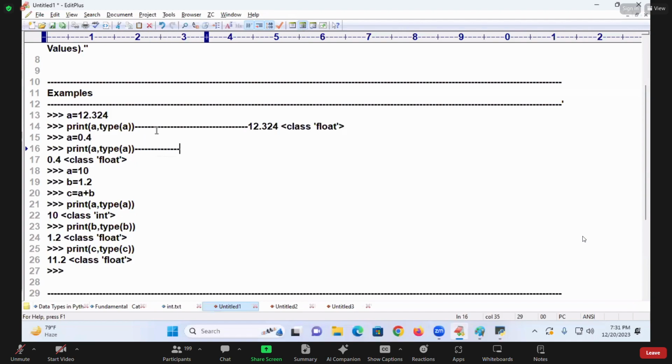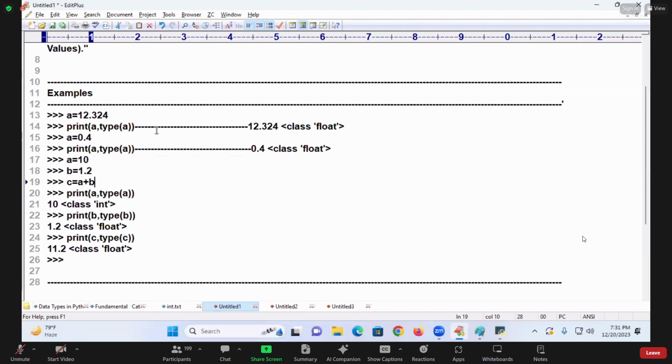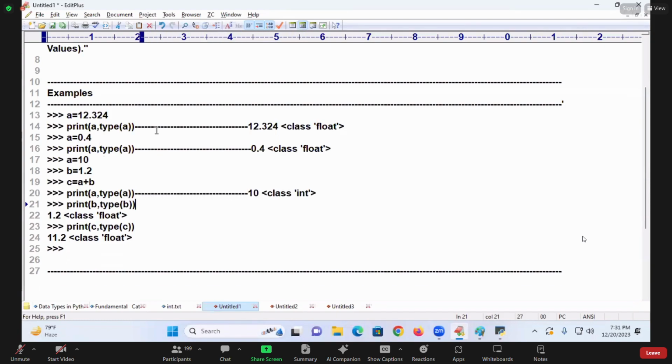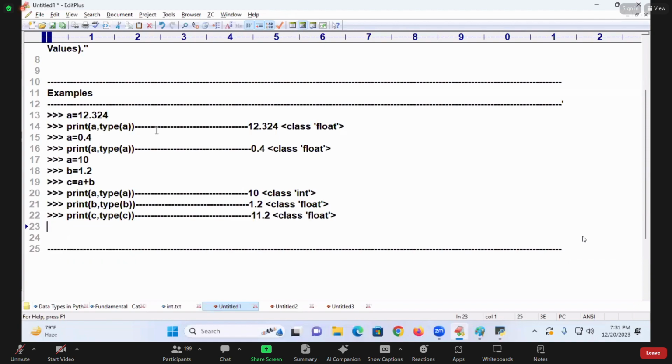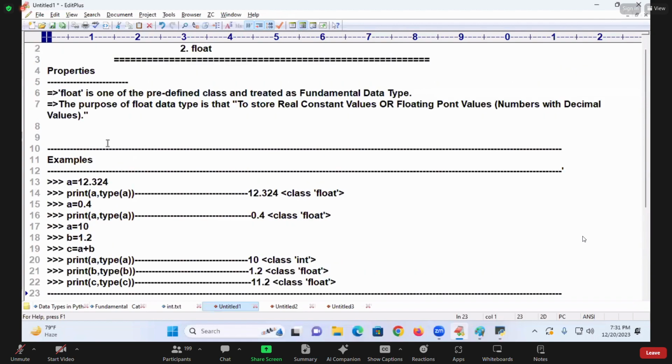This is my data. And this is another example. Int type, float type. This is a float type, and I got a value of 11.2. And this is my result. Getting or not?